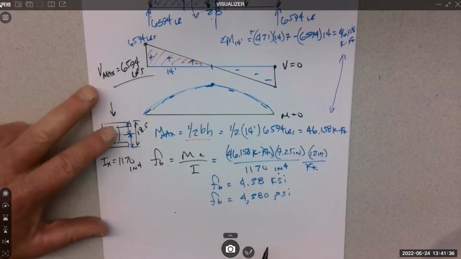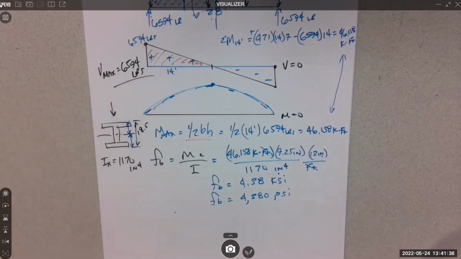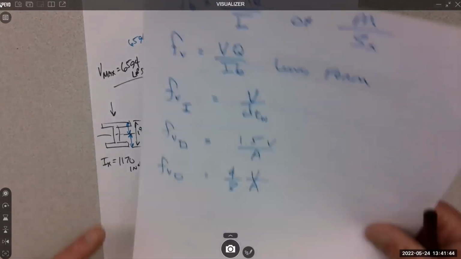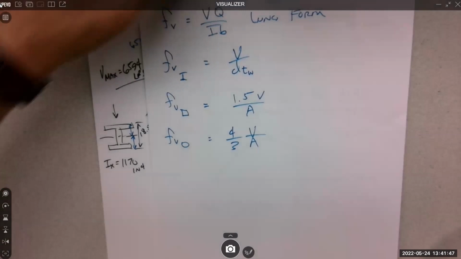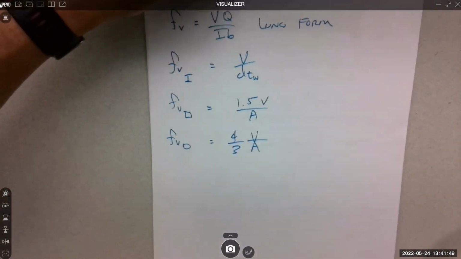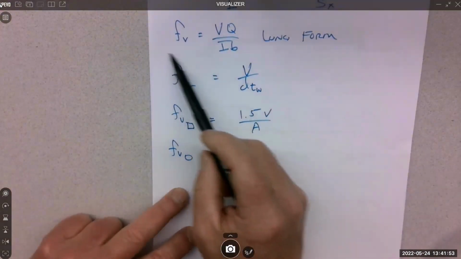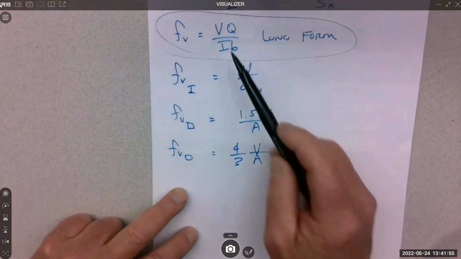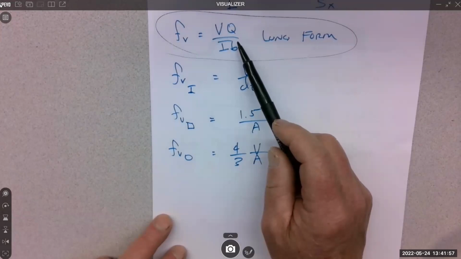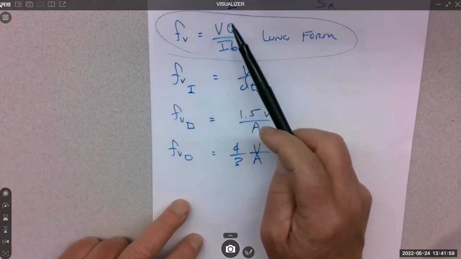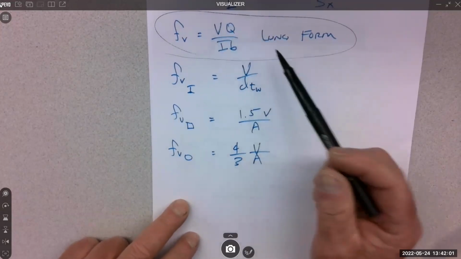So there's multiple equations for shear, and we're going to focus on the shortcut equations because those are the ones you're going to use. These equations are right there. This is what's called the long form, and this you'll seldom use, very seldom. I'll go over it probably in a video just so you know.